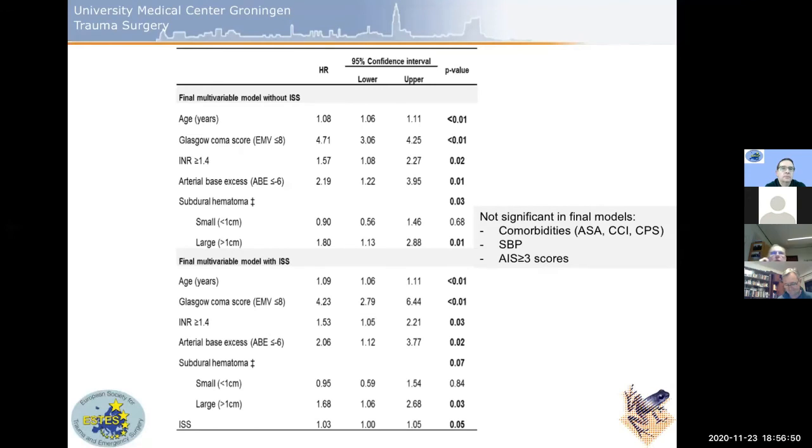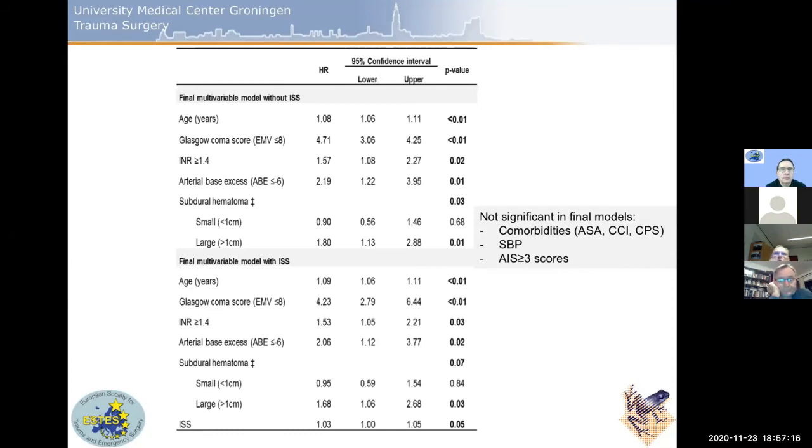If we look at the risk factors, we did it first without the injury severity score, and then with the injury severity score. The reason was that the ISS will be registered later, and otherwise the Glasgow Coma Scale and clotting disorders you have directly.